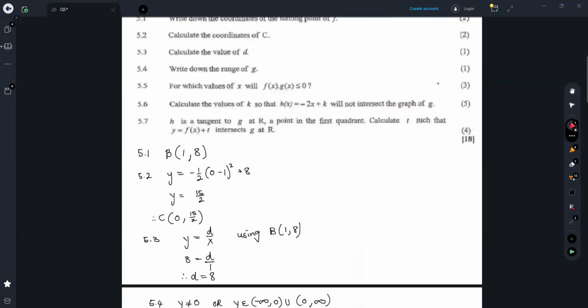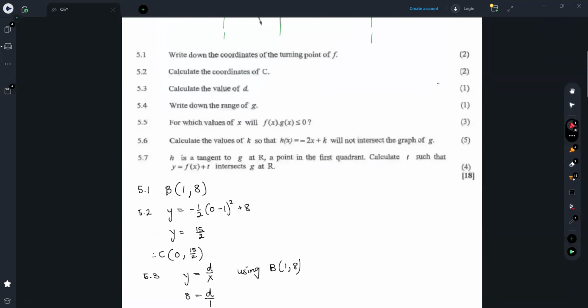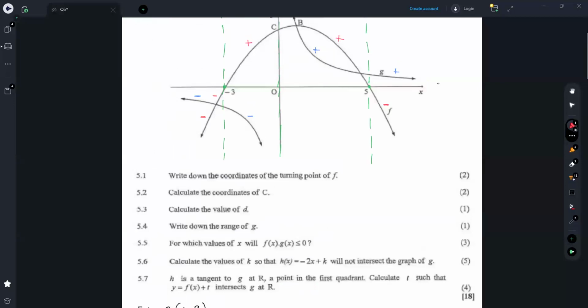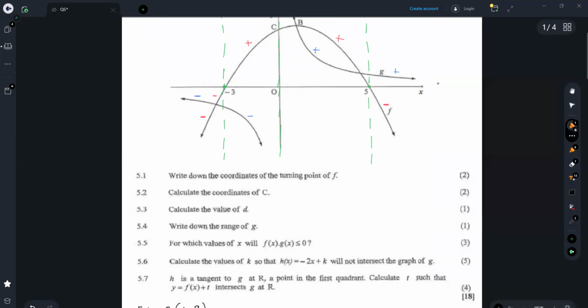Now let us go back to our conditions down there. We said that we want it such that it is less than or equal to 0. So where either function is negative, positive, or positive, negative. And we can also include 0 because it is also included there. Now, I see that my f of x is 0 at 5.